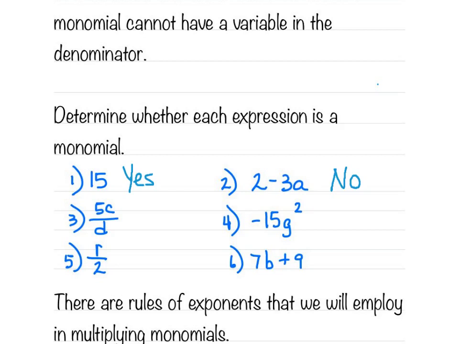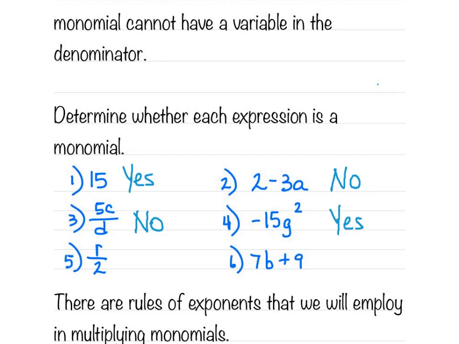Number 3, 5c over d. This is not a monomial because it has a variable in the denominator. Number 4, negative 15g squared. This is a monomial because it is the product of a constant and a variable.